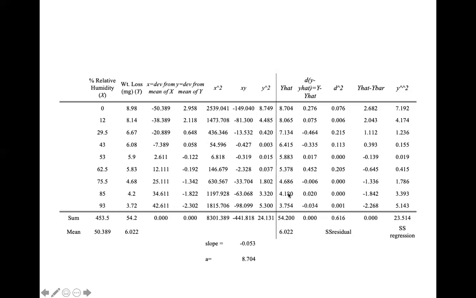As you move away from that, the predicted values get further and further away from the average value because this model doesn't have a slope of 0. So let me show you that in this way.